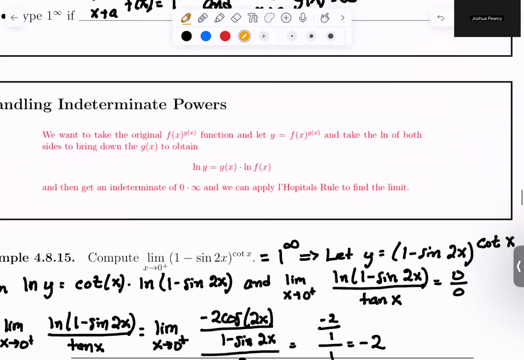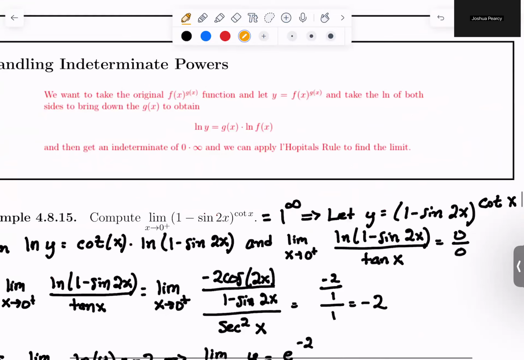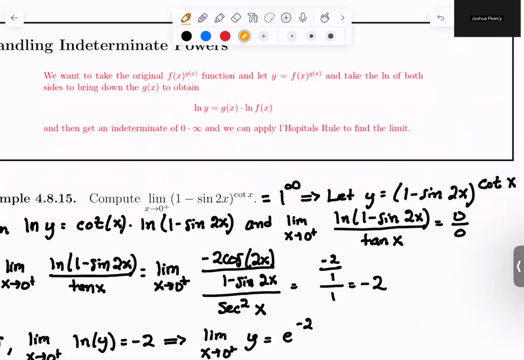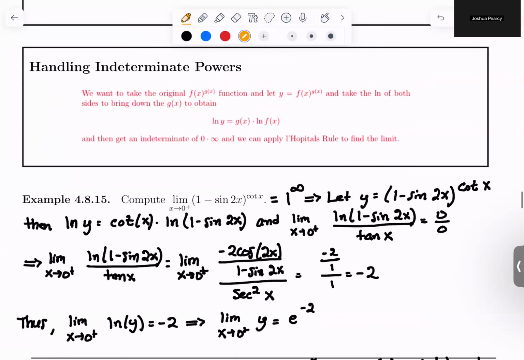And if we do that, we get the natural log of y equals g of x times ln of f of x. And then when we do that, we can get an indeterminate form of 0 times infinity, rewrite the expression just like how we did earlier to get a type 0 over 0 or infinity over infinity. And once we have that, we can apply L'Hopital's rule just like how we've done on the rest of the exercises.